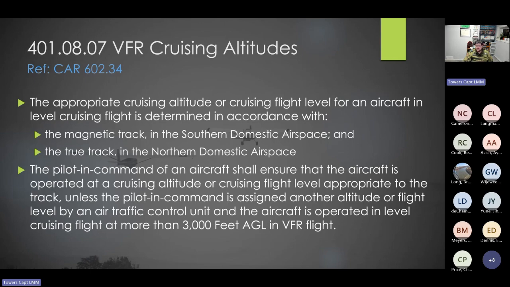The pilot in command of an aircraft shall ensure that the aircraft is operated at a cruising altitude or cruising flight level appropriate to the track that they're flying, unless the pilot in command is assigned another altitude or flight level by an air traffic control unit and the aircraft is operated in level cruising flight at more than 3,000 feet AGL in VFR flight.